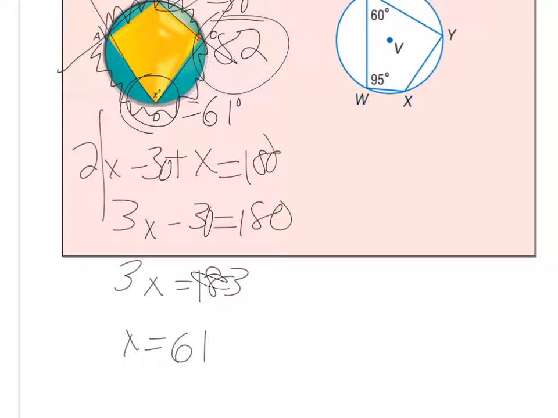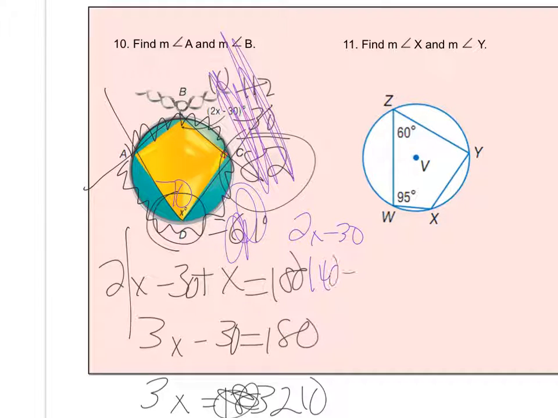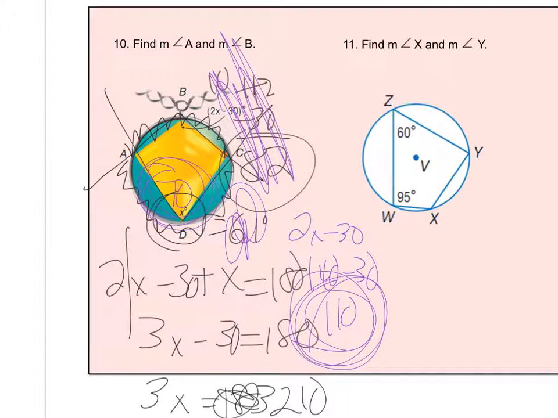So this should have been 210, which means this should have been 70. So I'm sorry. I really screwed that up. So let's fix this. This is now 70. Forget all this. This is no longer 61. This is 70. So 2x minus 30 would be now 140 minus 30, which would be 110. So that was my mistake. I'm sorry. That should be 110. That should be 70. And that should be what I get.